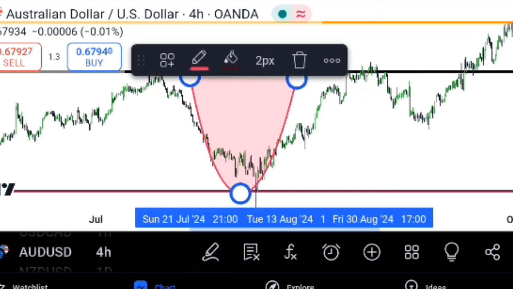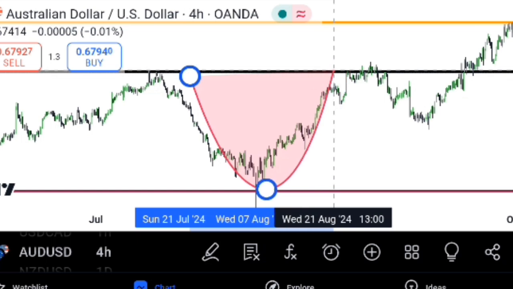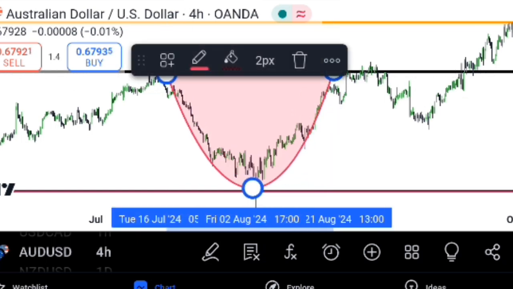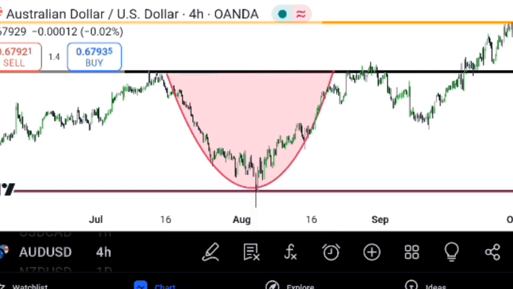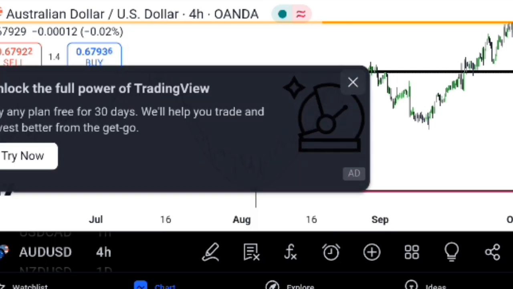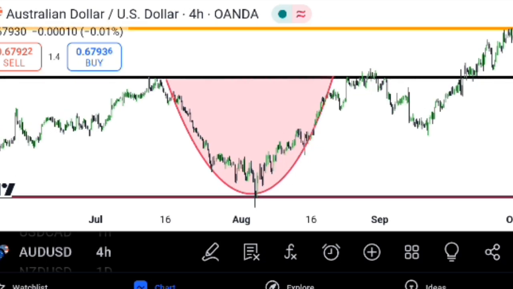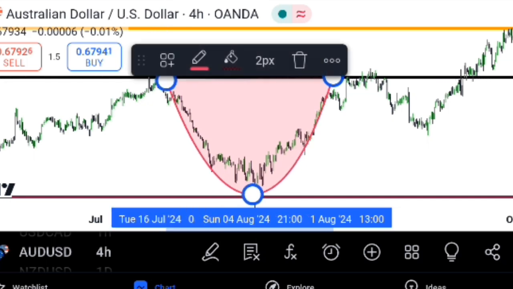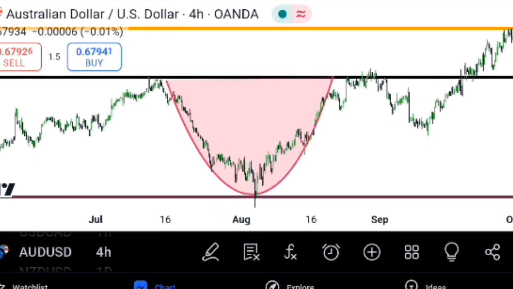The next thing is to just adjust it. A cup and handle chart pattern is actually a continuation kind of pattern that tells you that price is going to continue in an uptrend. It is visualized like a cup with its handle.